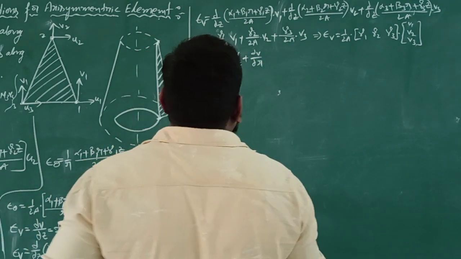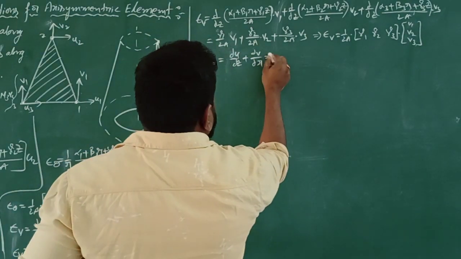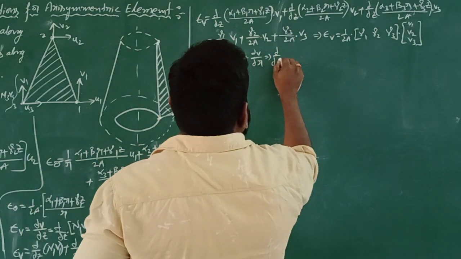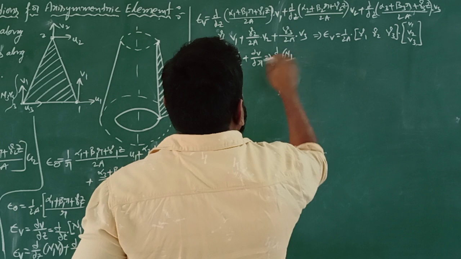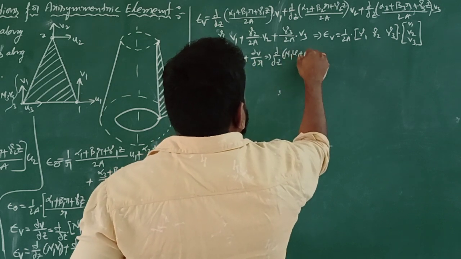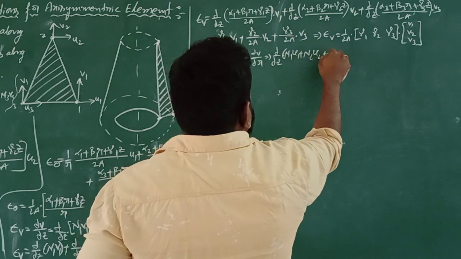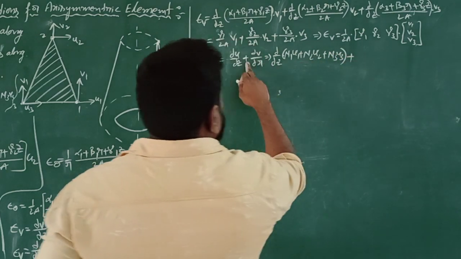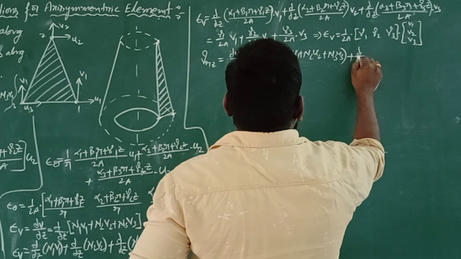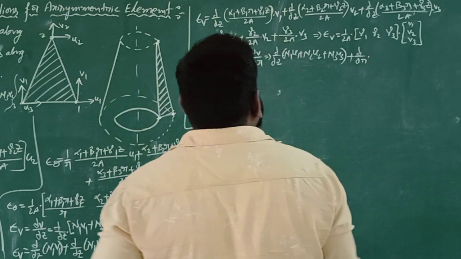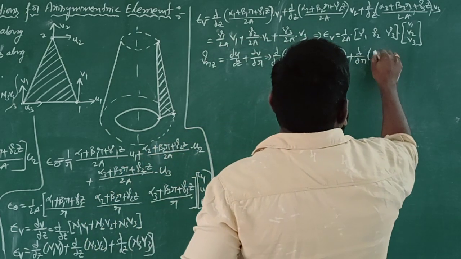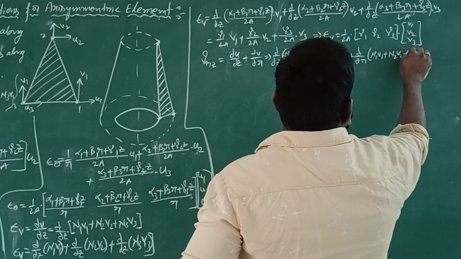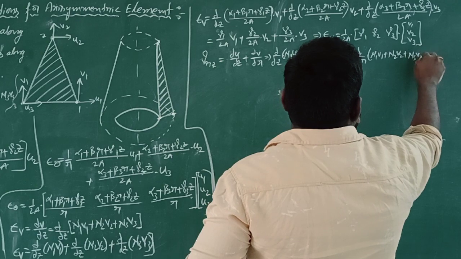Now we just have to put all of this in: dou u by dou z of n1 u1 plus n2 u2 plus n3 u3, plus dou by dou r of n1 v1 plus n2 v2 plus n3 v3.